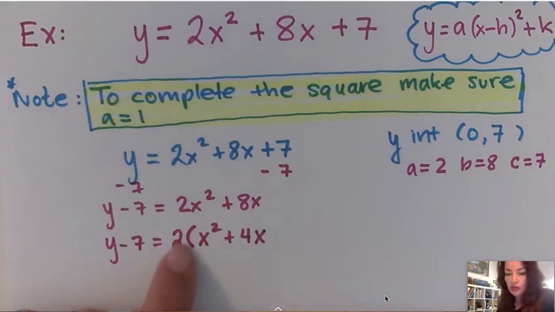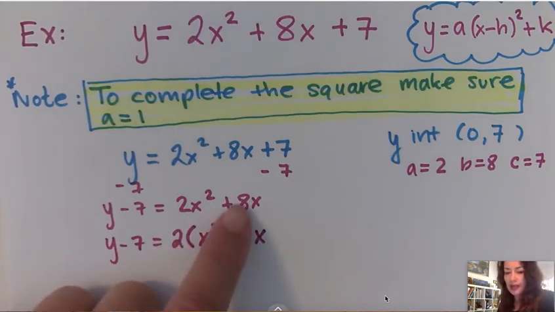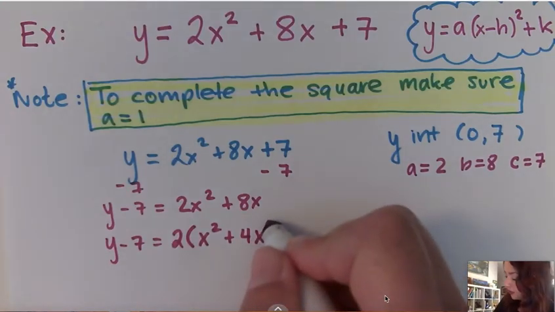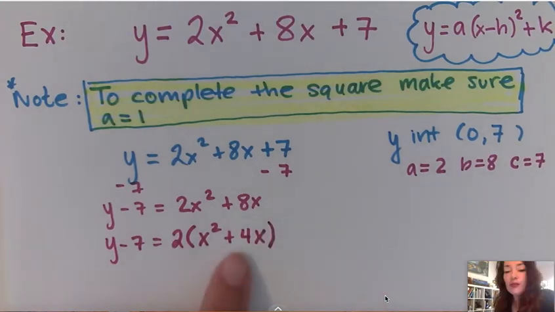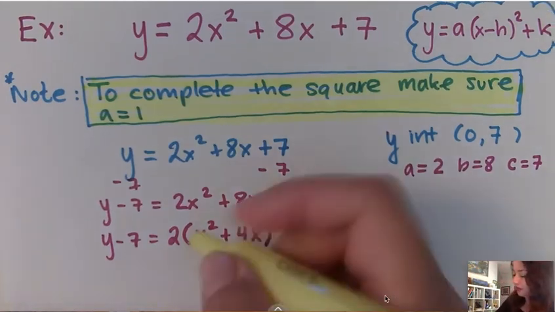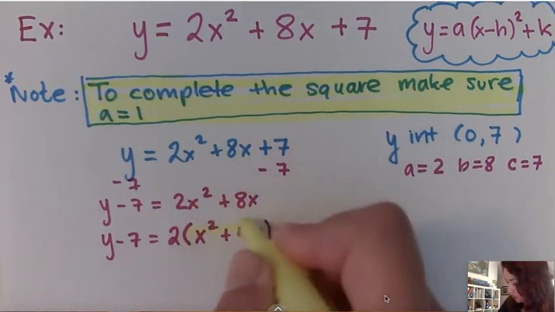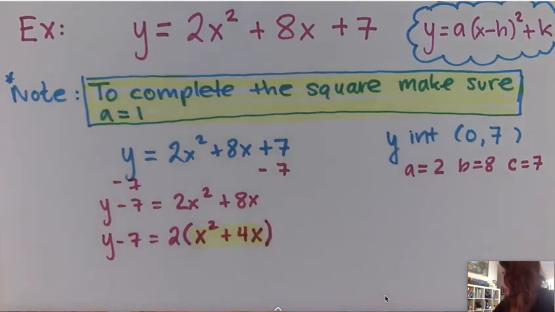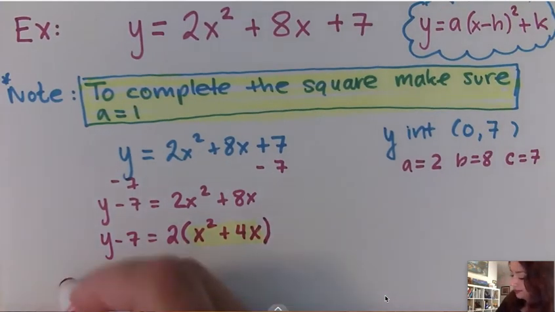We can check: 2 times x squared is 2x squared and 2 times 4x is 8x. All right, so this is where you need to be very careful. We are going to complete the square only for the binomial on the inside. We're going to ignore the coefficient of 2 on the outside for now. So I'm going to rewrite this with a space.